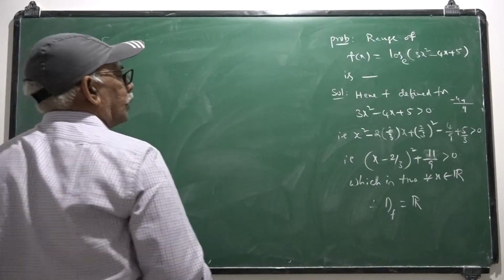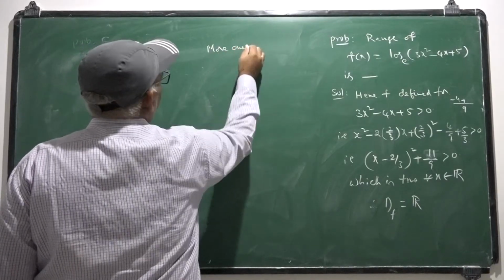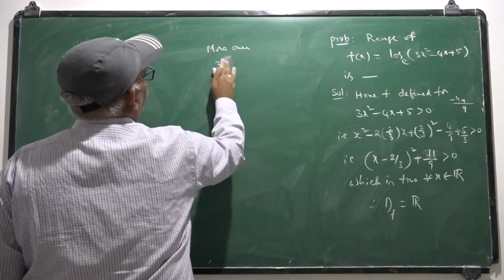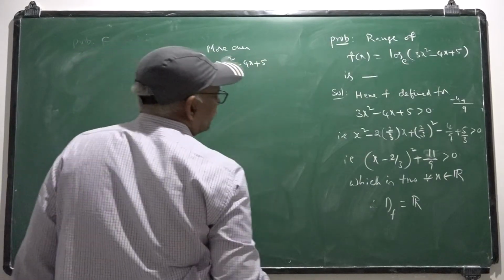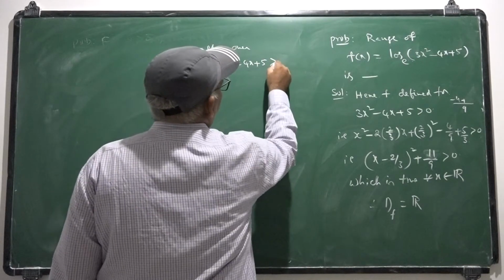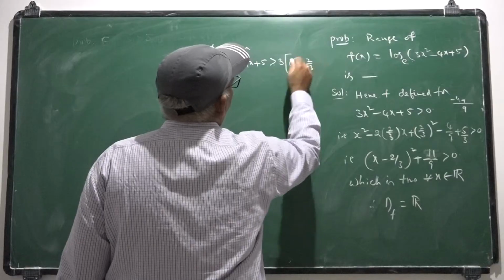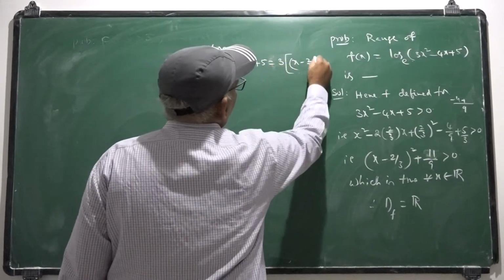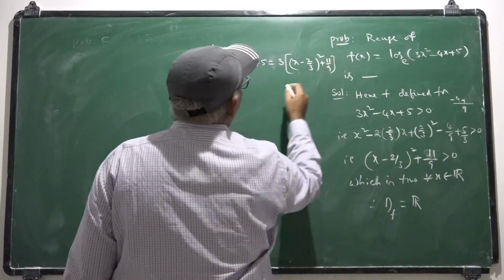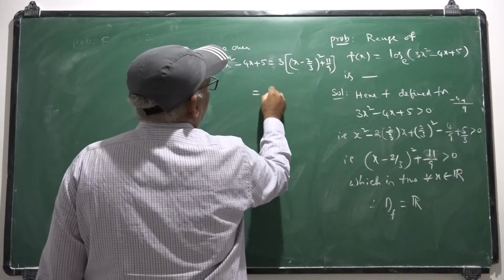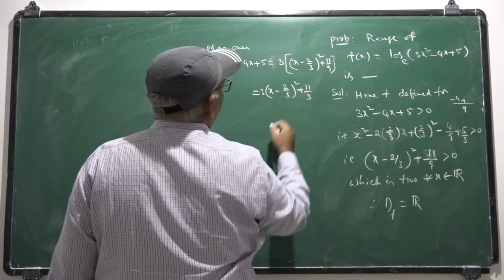And moreover, 3x square minus 4x plus 5 is equal to 3 into x minus 2 by 3 whole square plus 11 by 9, which is equal to 3 into x minus 2 by 3 whole square plus 11 by 3.